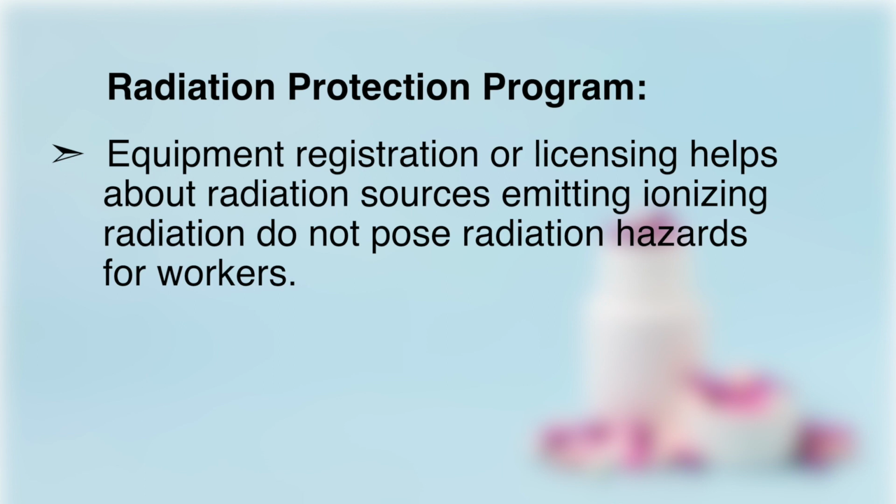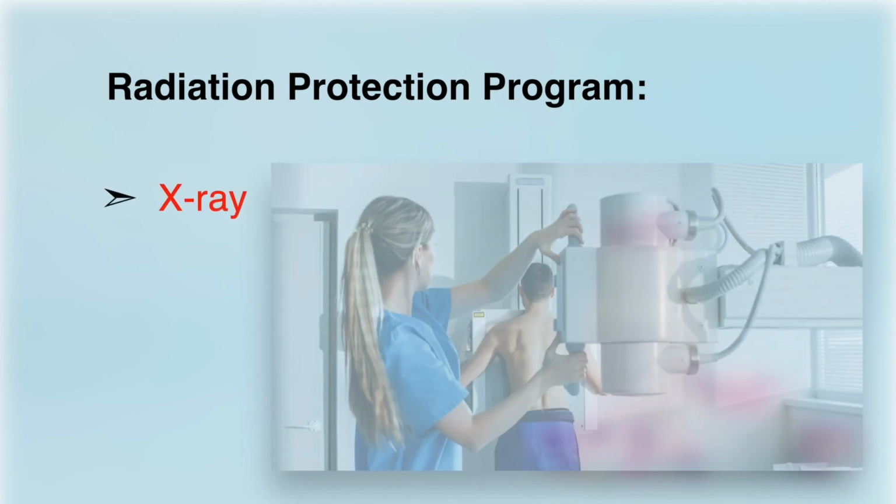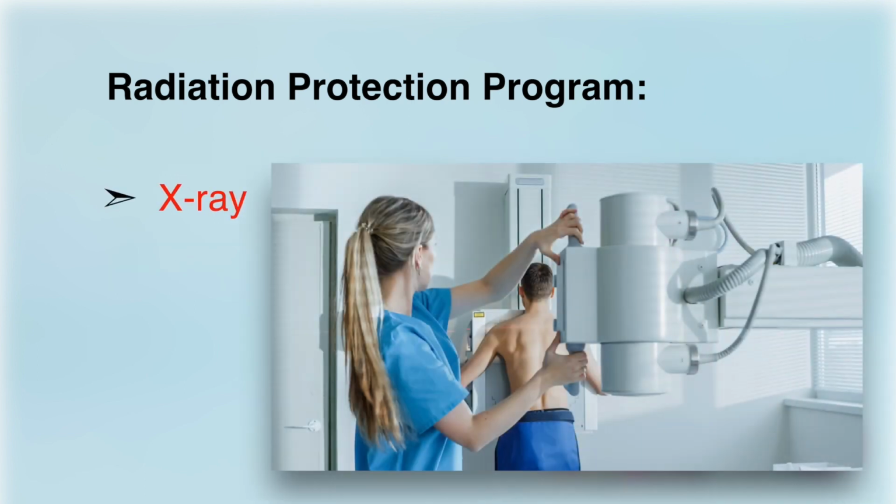Some radiation sources, like most X-ray equipment and some accelerators, must be registered with agencies, that is, state radiation control agencies, state health departments, or local health departments, and different registration requirements may apply depending upon the agency.